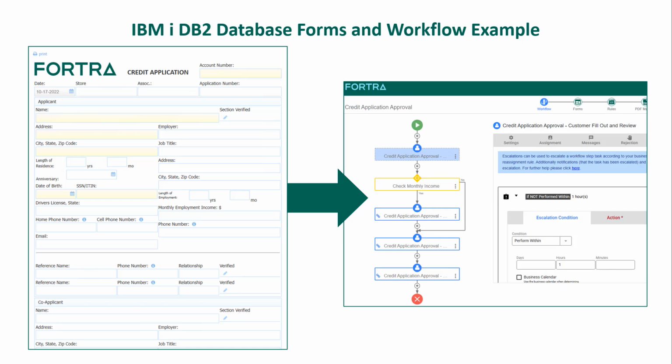And in this form here, we're looking at the validate against the DB2 data process. This is a credit application, and I'll show this live here too. It has different kinds of restrictions inside of there to be able to say, if they're at a certain monthly income, we need to flag that it needs to go through a workflow process.